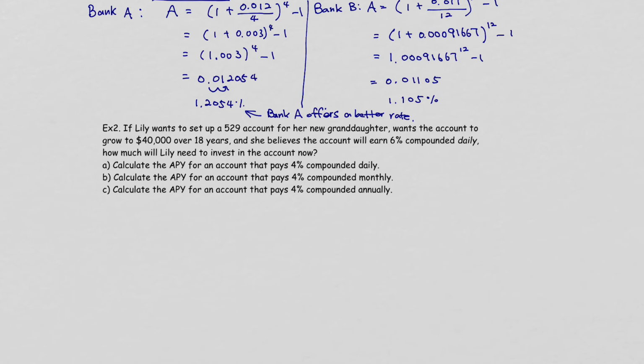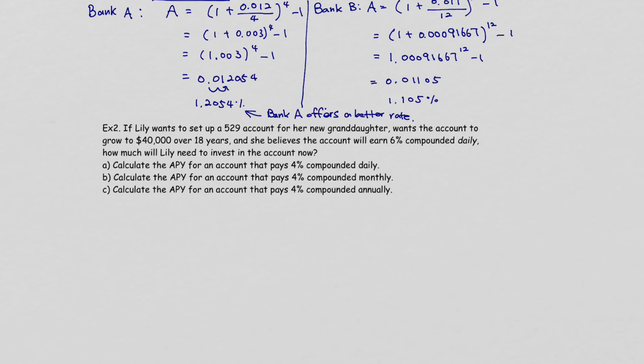She believes the account will give 6% compounded daily. So she wants to know how much she will need to invest in the account with different options, right?